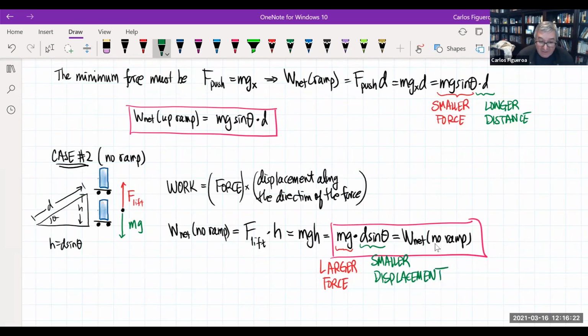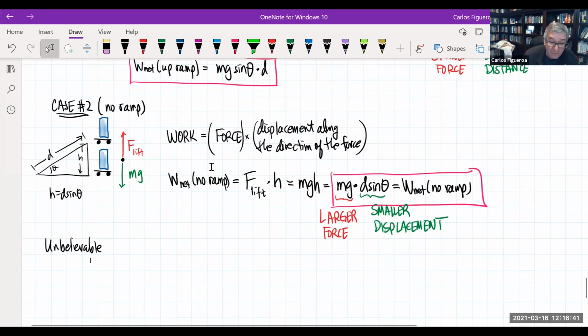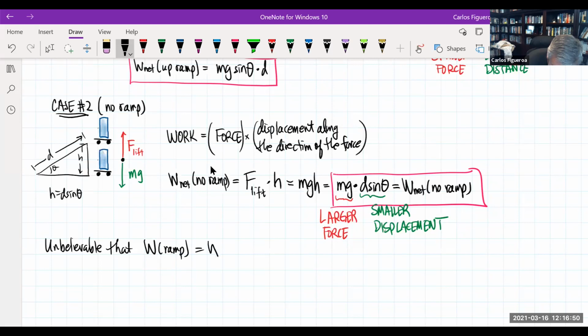And so what you're finding here, as incredible as it seems, right? This is unbelievable. I could see I spelled unbelievable wrong, but I'm moving right on. That the work with a ramp is equal to the work with no ramp, right?